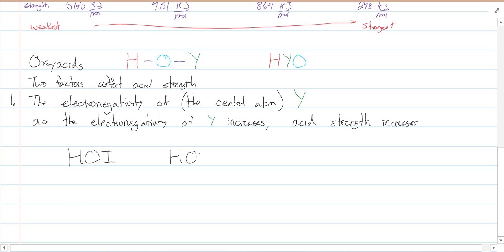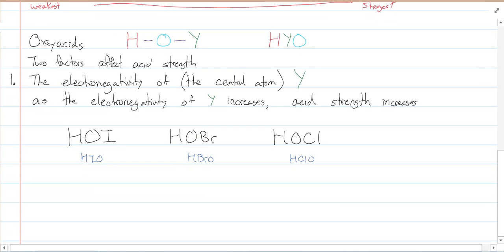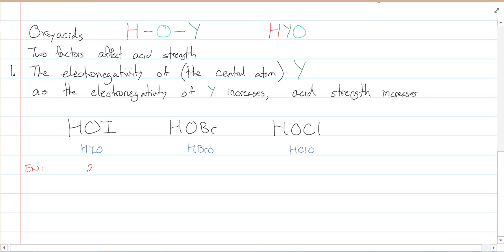For example, HOI, HOBr, HOCl. A lot of times we'll write them as HIO, HBrO, and HClO. Either way we write them. The electronegativity of iodine is 2.5, of bromine 2.8, chlorine 3.0.